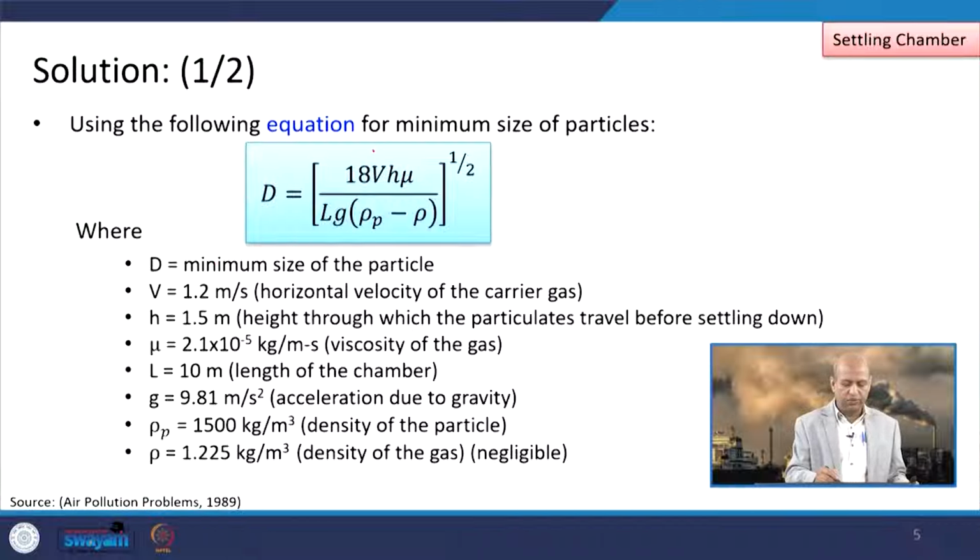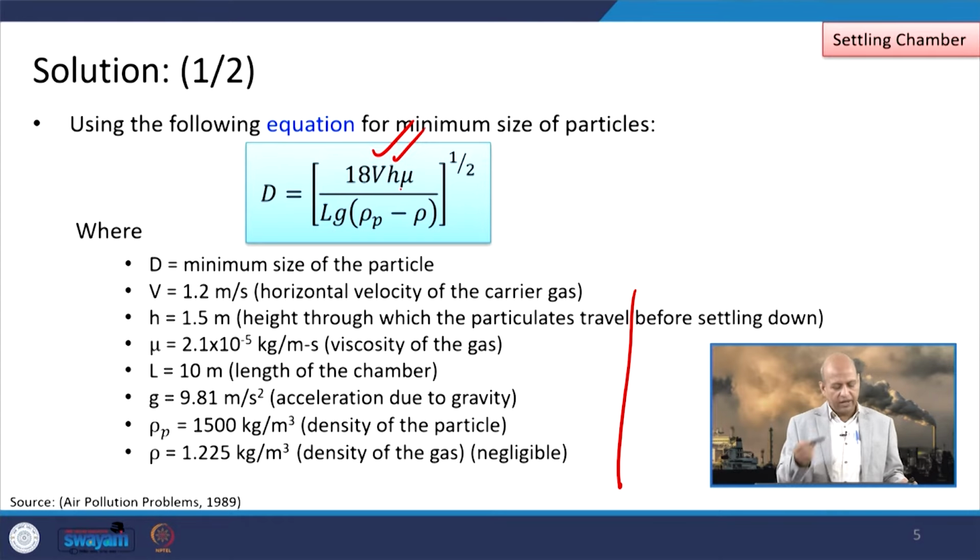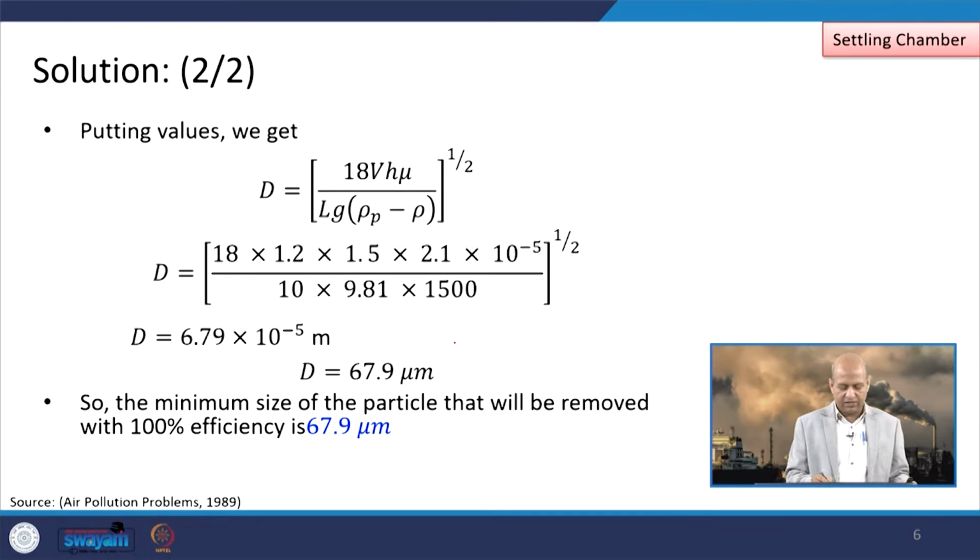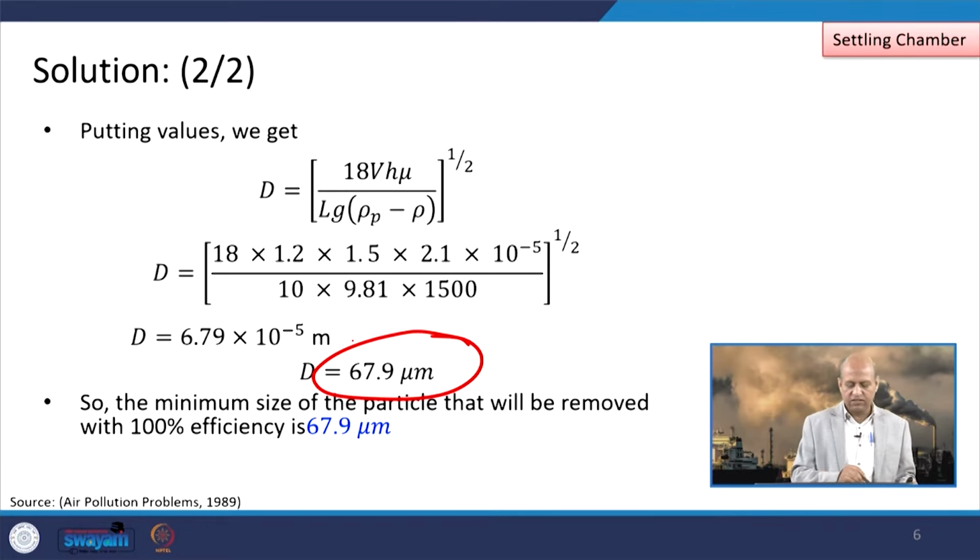We have all these values: v, h, mu, l, g, rho p, rho. So, we can put these values in this relationship and calculate the diameter, and this diameter is around 67.9 micrometer. So, we can say that up to 67.9 micrometer size, particles will be removed fully in this particular chamber of a given size with all these values.